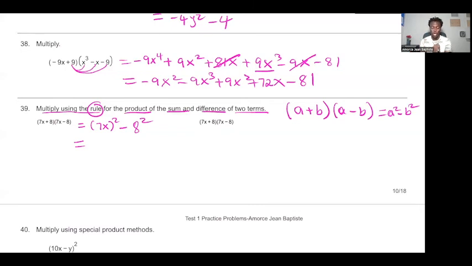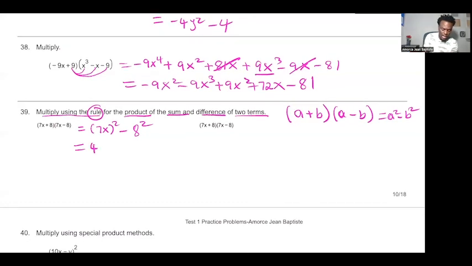When you square a term that has 2 factors, 3 factors, 4 factors, the power applies to all the factors. That's why I put parentheses, for you to know that the power applies to all the factors, which means that's 49x squared minus 64.